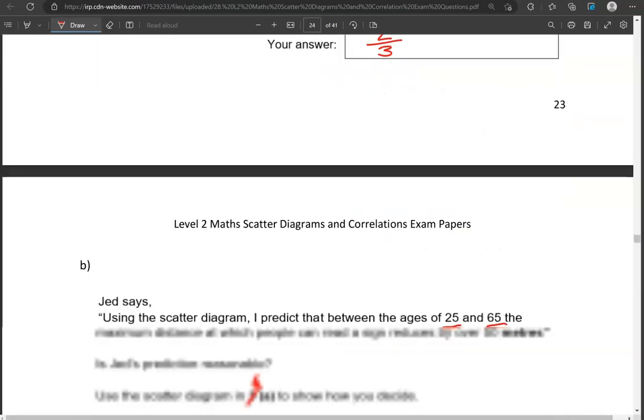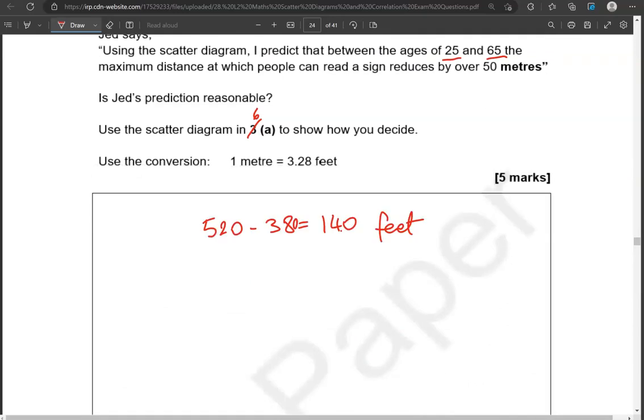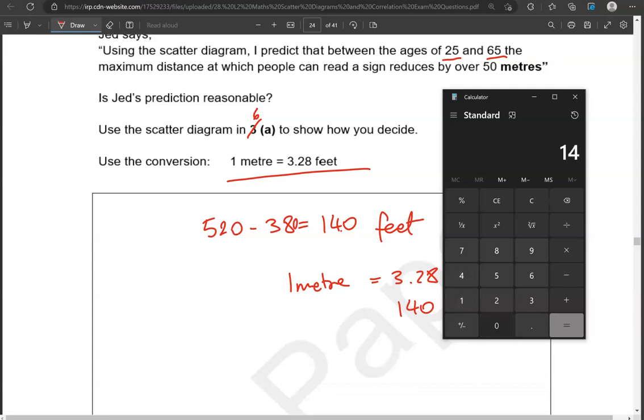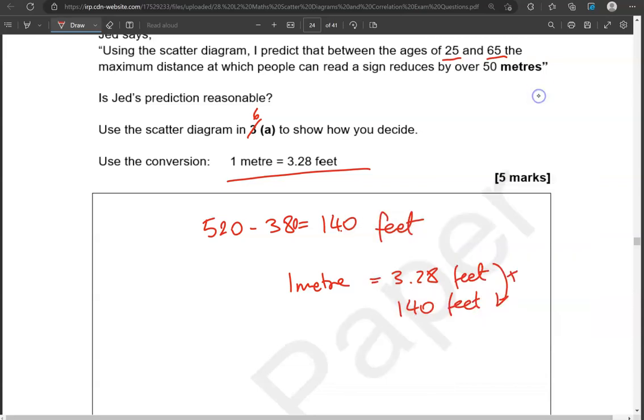So we need to convert that into meters now. 1 meter is equal to 3.28 feet. What about 140 feet? So what do we multiply 3.28 by to get 140? So we'll do 140 divided by 3.28 to work that out, which is 42.7 roughly.